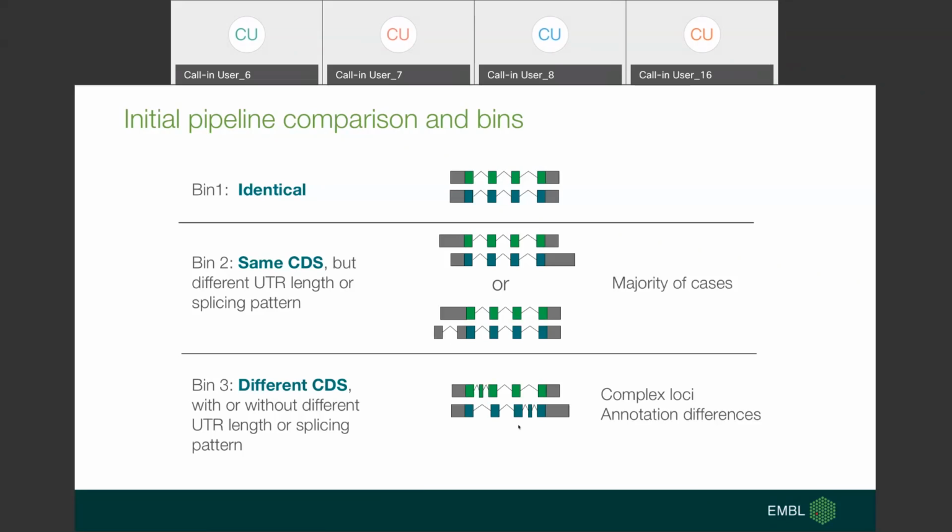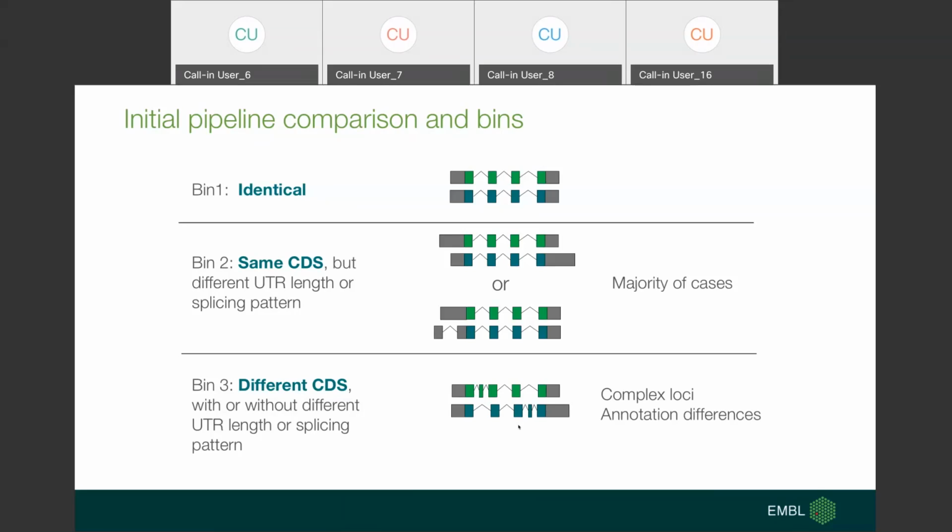And what we quickly realized was that this was a pool of very complex loci. And in fact, many of these genes represent or require annotation updates. So the reason the pipelines were not able to pick complementary transcripts is because the complete set differed between the RefSeq and the GenCode set. So for those, we will need to update the annotation fully.